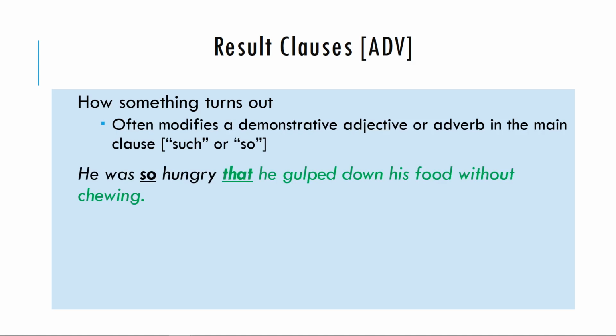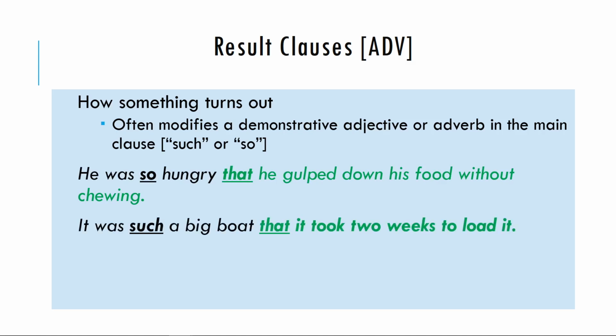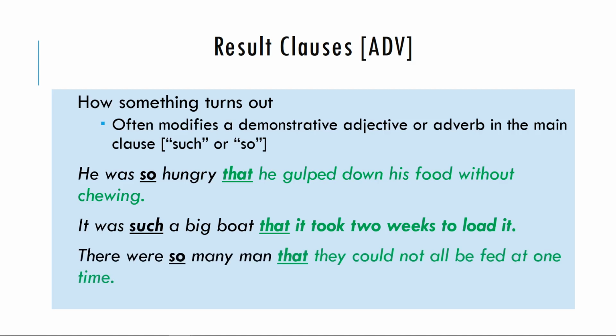What we would normally do is hang this whole result clause on the adverb so, because it's a direct result of something. It was such a big boat that it took 2 weeks to load it. So you see, it's the result of something. There were so many men that they could not be fed at one time.